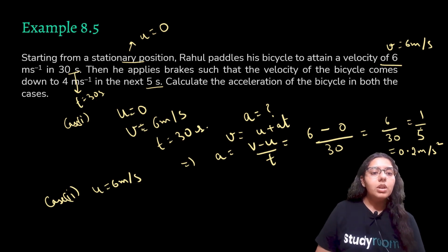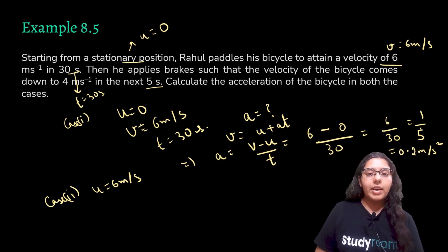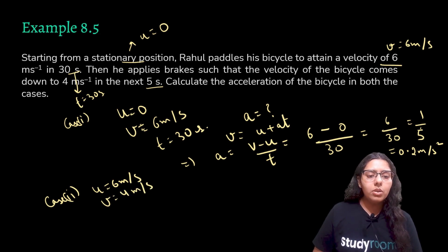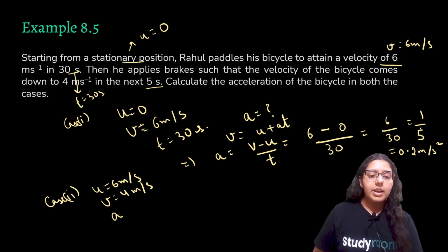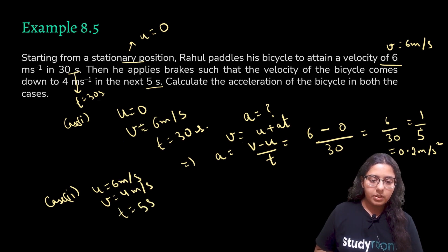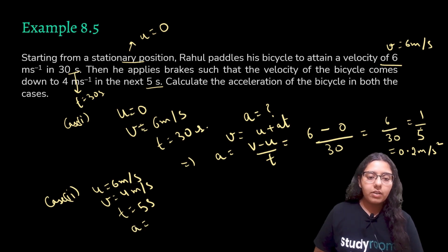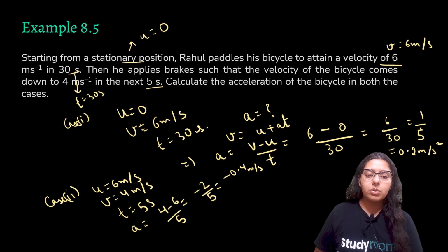His final velocity becomes 4 meter per second in next 5 seconds, okay? So, again calculate the acceleration. What will be the acceleration? V minus u by t. 4 minus 6 by 5, that is minus 2 by 5, which is equal to minus 0.4 meter per second square. Don't forget the units.